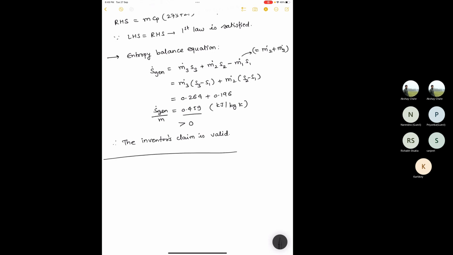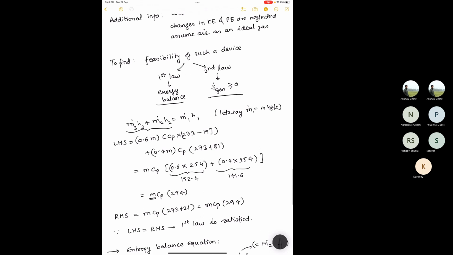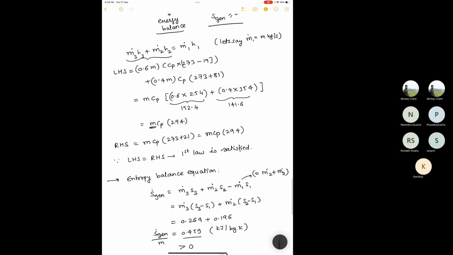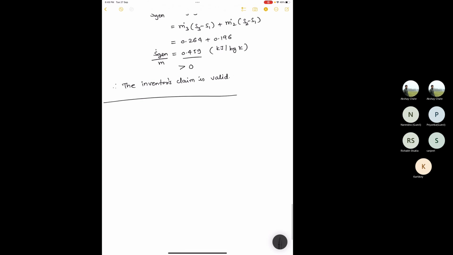GATE is an MCQ exam, but I think this enthalpy balance, this type of questions are asked in GATE also, 1 mark, sometimes 2 marks. So this is important, is what I'm trying to say.